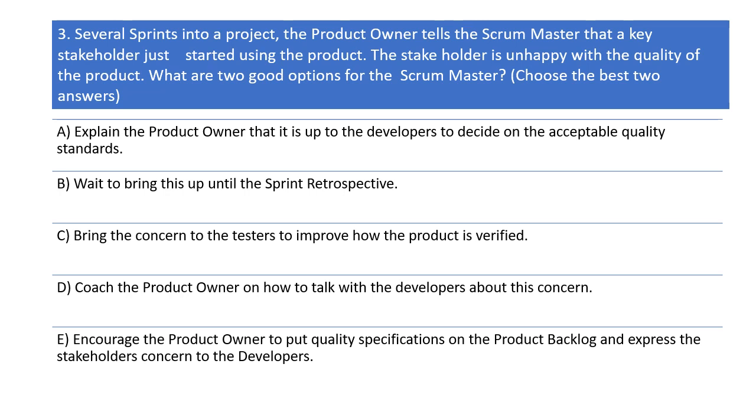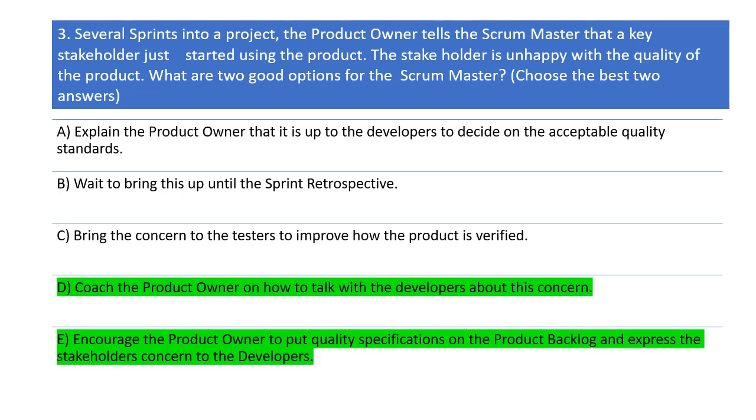Option D. Coach the product owner on how to talk with the developers about this concern. Option E. Encourage the product owner to put quality specifications on the product backlog and express the stakeholders' concern to the developers. Let me know what option you have chosen.